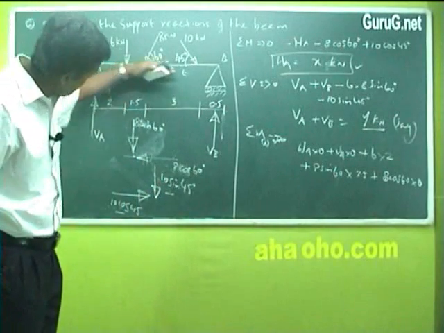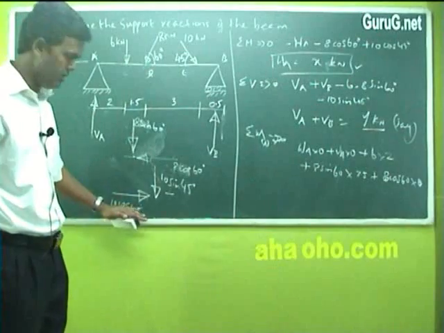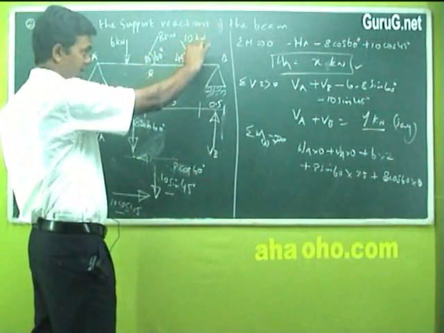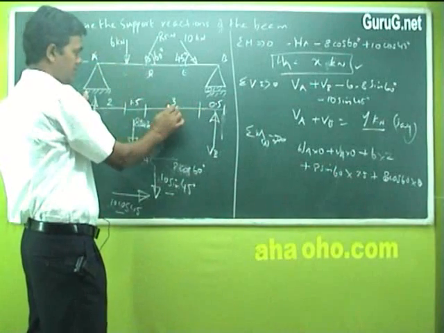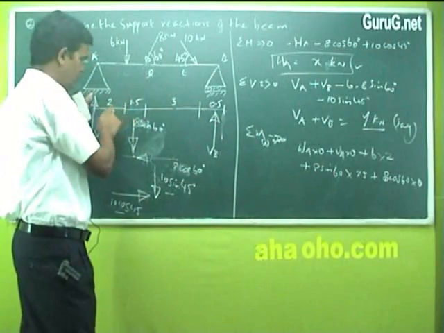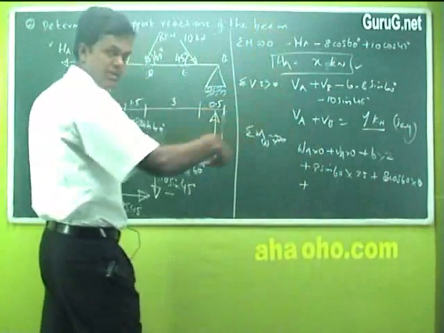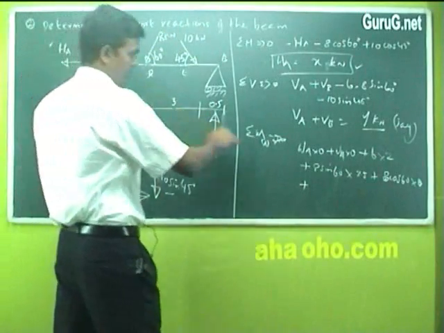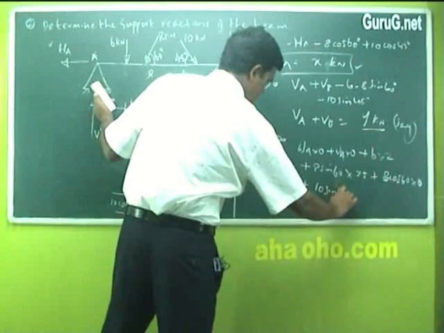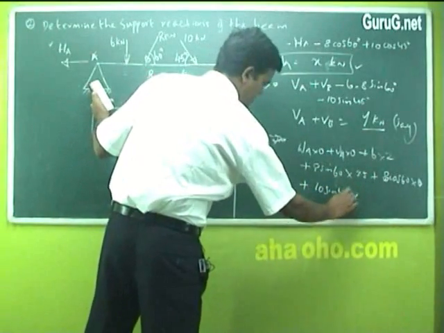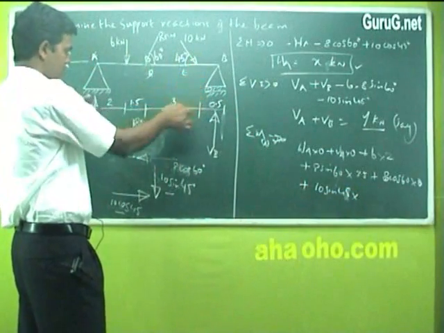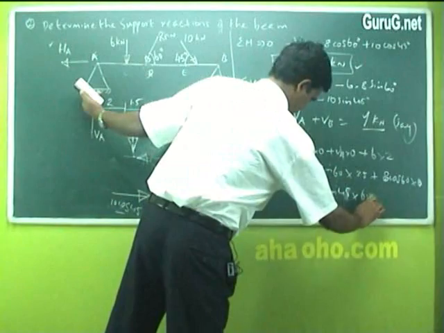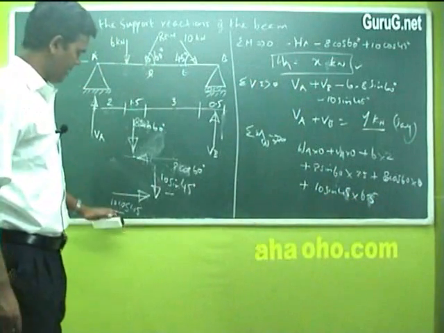Then at point E, you have two forces, 10 sin 45 acting down and 10 cos 45 acting towards the left. Again 10 cos 45 is acting along the same line of action, so it becomes 0. 10 sin 45 is acting down, at a distance from point A of 3 plus 1.5 plus 2, so 4.5 plus 2, which is 6.5. You write plus because it is clockwise, acting down. 10 sin 45 acting at this point comes in the clockwise direction to reach point A. So it is 10 sin 45 into 6.5 meter, and 10 cos 45 into 0.